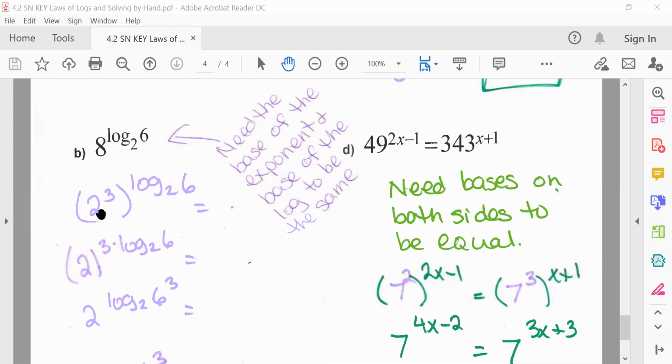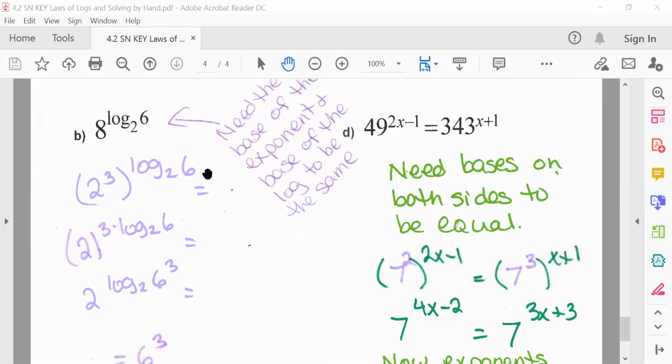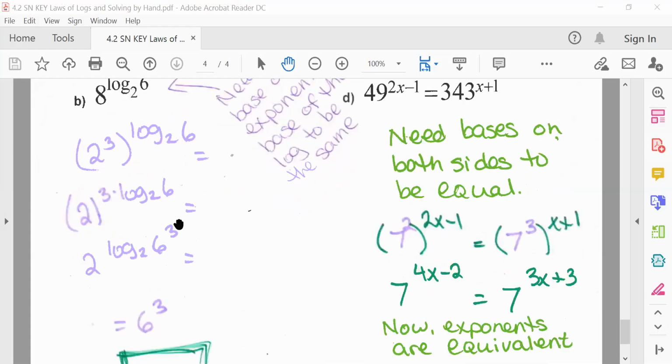So we can rewrite 8 as a base of 2. So 8 gets rewritten as 2 to the third to the power of log base 2 of 6. Then using exponent rules, raising a power to a power, multiply 3 times log base 2 of 6 is now our exponent.